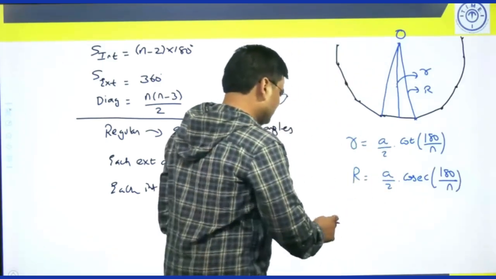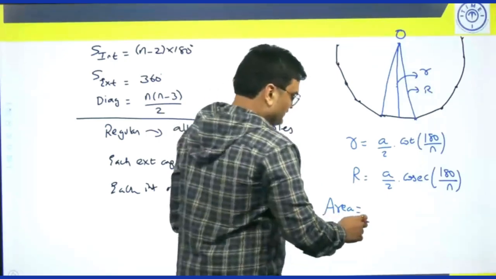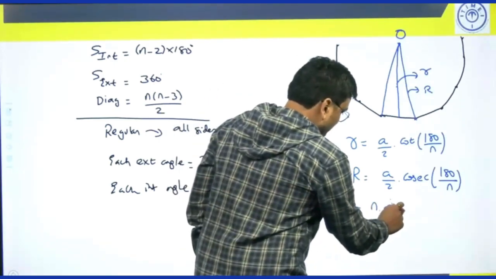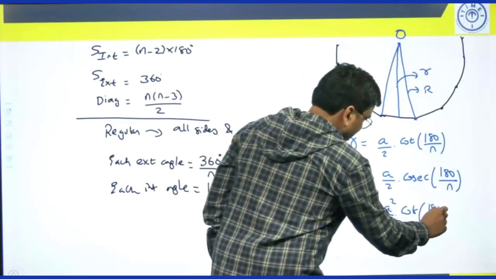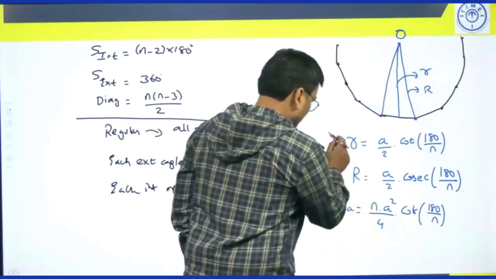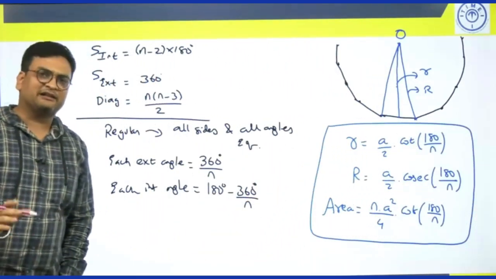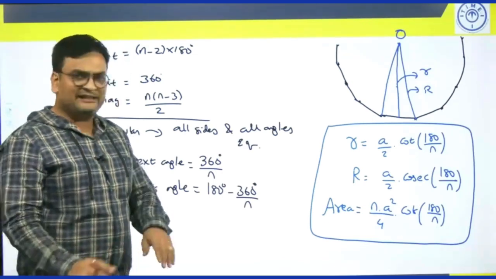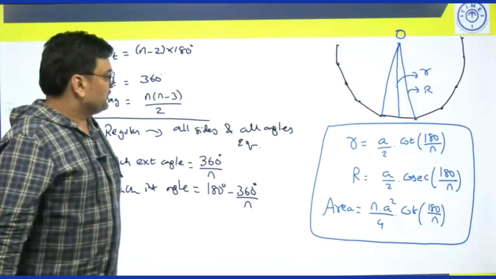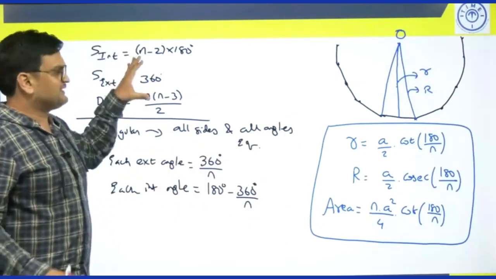One more formula: the area of the regular polygon is equal to n a squared by 4 into cot(180 by n). These formulae work for all regular polygons, be it a regular hexagon, decagon or octagon, any regular polygon. These work only for regular polygons, while the earlier ones are for general polygons.